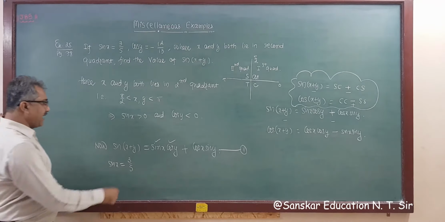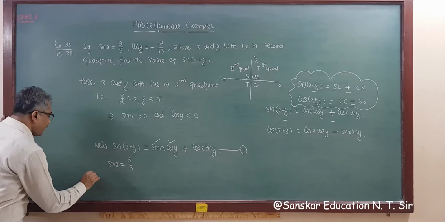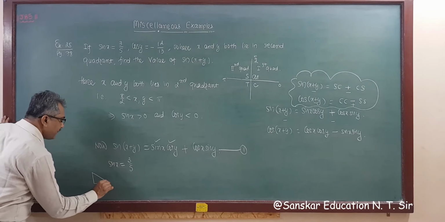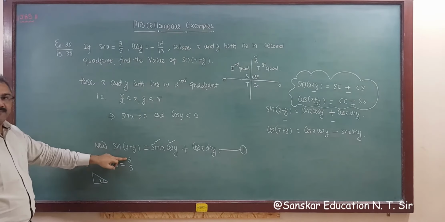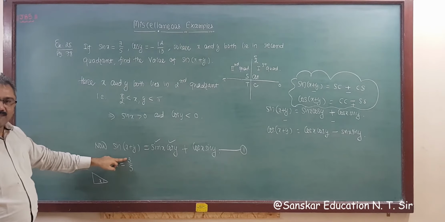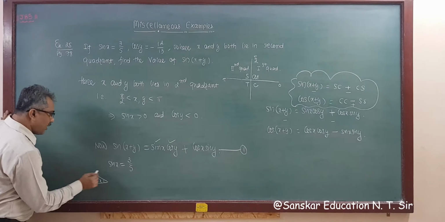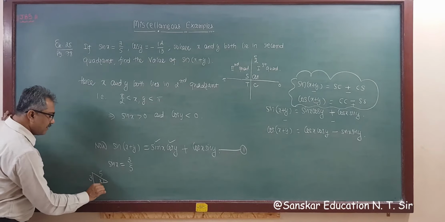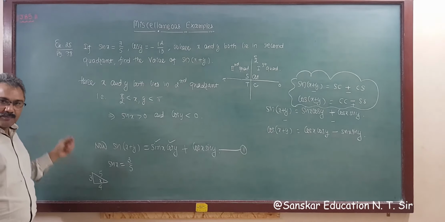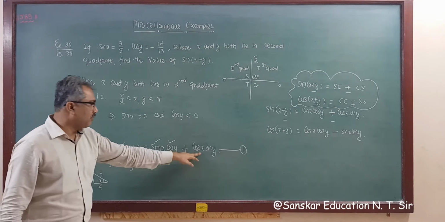Draw a right angle triangle. This is your right angle triangle. Suppose this is x. Then sin means opposite, that is 3, upon 5, that is hypotenuse, and from the Pythagorean triplet, this is 4. Now we require cos x.